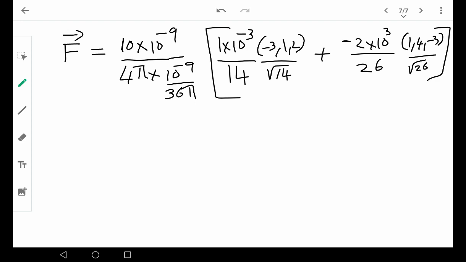Let me make the calculation. So the result, after you make the calculation, will come to be something like this.